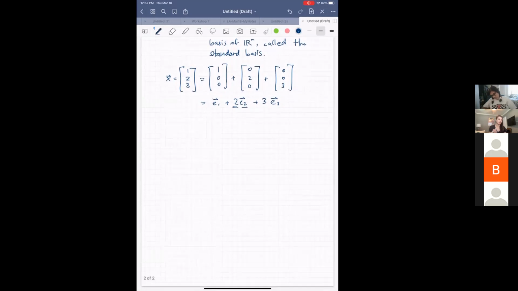So there's going to be this notion of a basis as a coordinate system. This is our standard coordinate system, but we could also use a different coordinate system. So we can interpret any basis as a coordinate system.